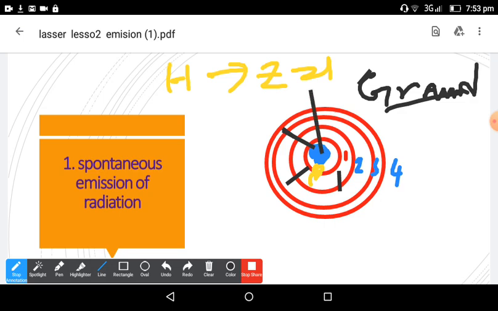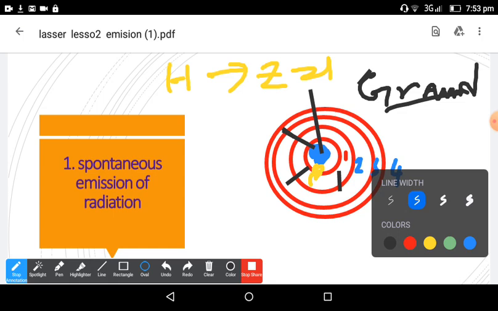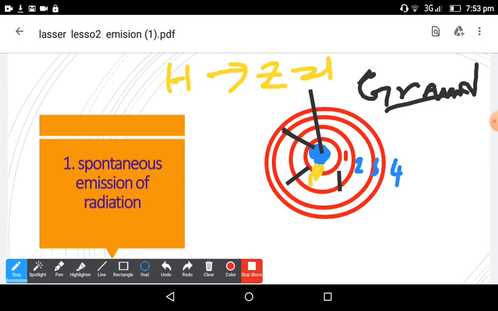Or it can go from first to fifth orbit also. We can draw like this. So it can jump to any higher level orbit depending upon the energy supplied externally.